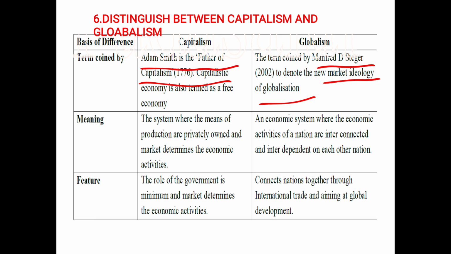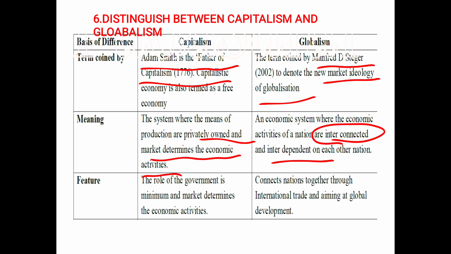Now what is the meaning of capitalism? The system where the means of production are privately owned and the market determines the economic activities. How about globalism? An economic system where the economic activities of a nation are interconnected and interdependent. When it comes to globalism, each country is dependent on the other, either for raw material or for finished products.